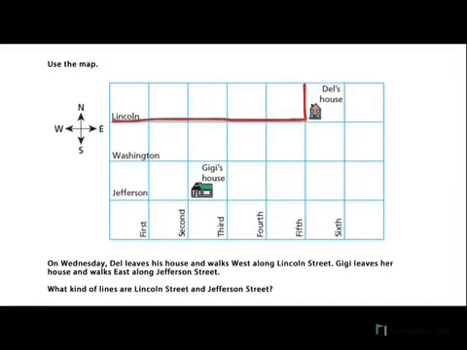Okay, here's Gigi's house, and she's walking east on Jefferson. What kind of lines are Lincoln and Jefferson Street? Well, if I look at the streets, those would be parallel because they are never ever going to intersect.